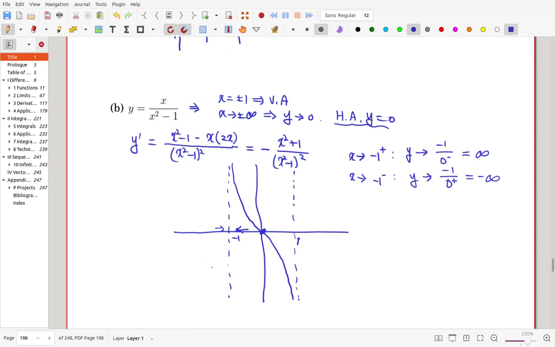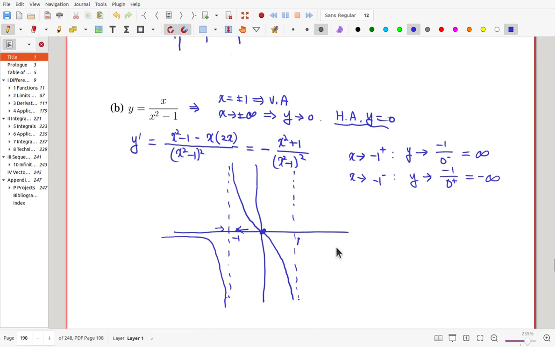Now when x is approaching that side, then it will go to minus infinity. But we know that the horizontal asymptote is 0, and except for 0, there's no other x-intercept, so here it is along the bottom, below the x-axis, and here we go down this way.